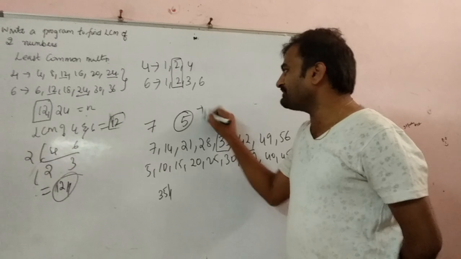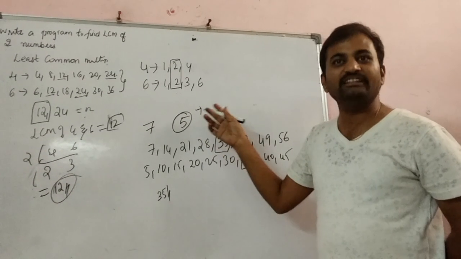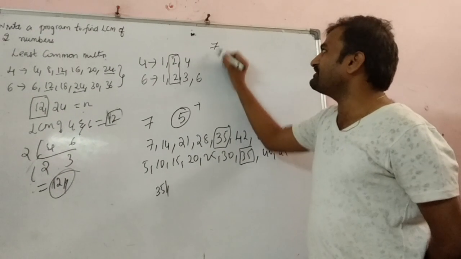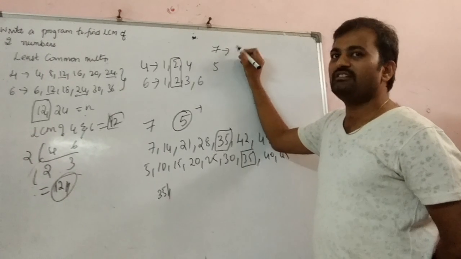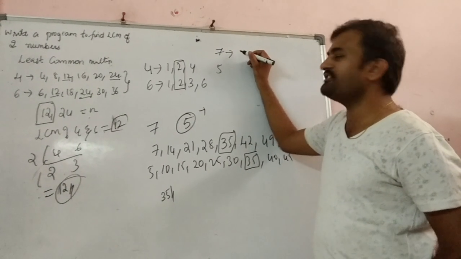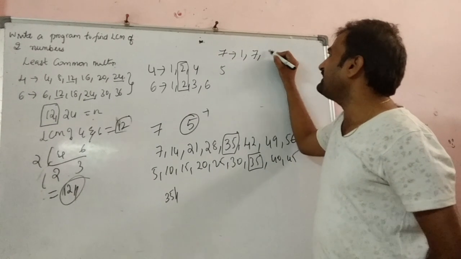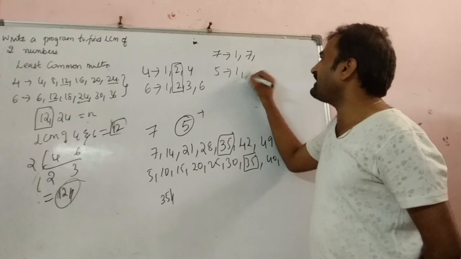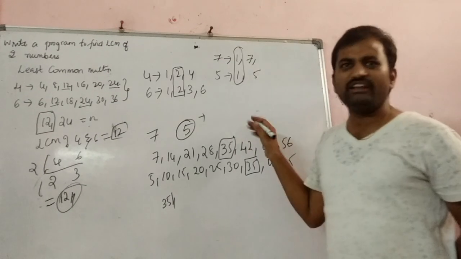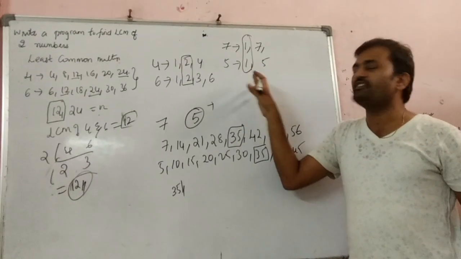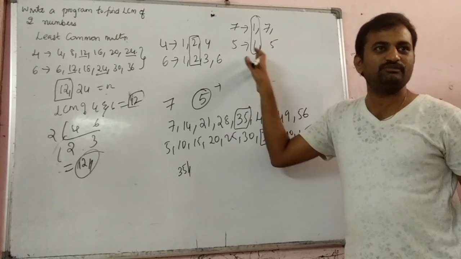Coming to the GCD of 7 and 5: the factors of 7 are 1 and 7, and of 5 are 1 and 5. So whenever we find the GCD of two prime numbers, the common factor is 1.